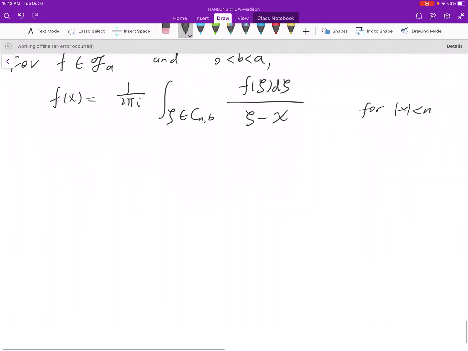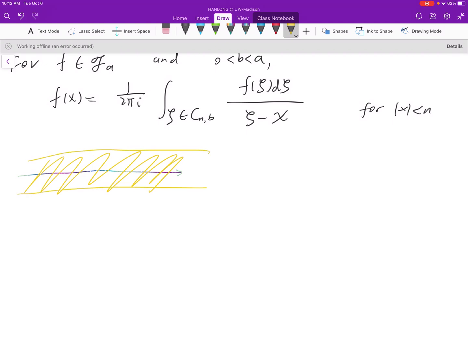Here the loop C_n, let's repeat it, starts from n plus 1/2 plus bi to n plus 1/2 minus bi, and probably you don't need the 1/2, but it doesn't hurt, we just keep the notation consistent.